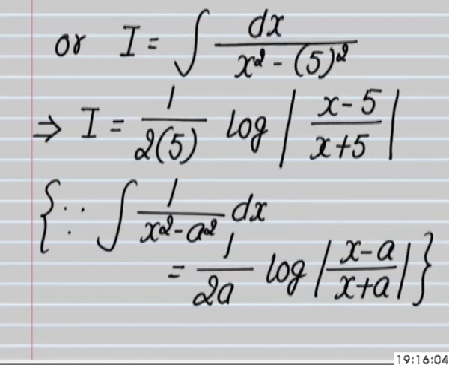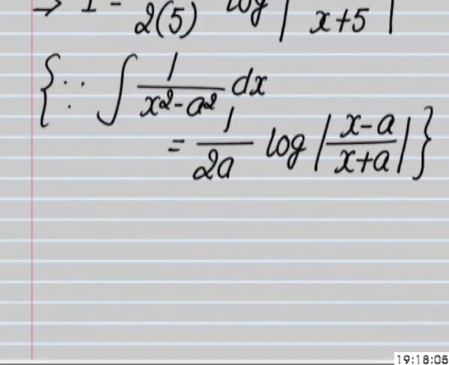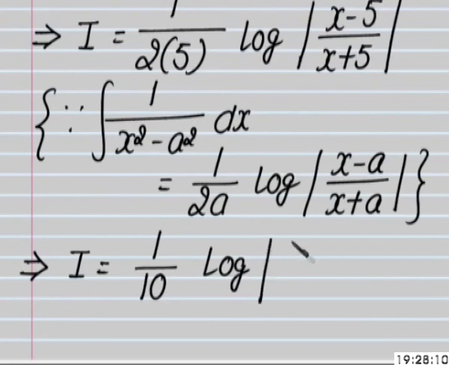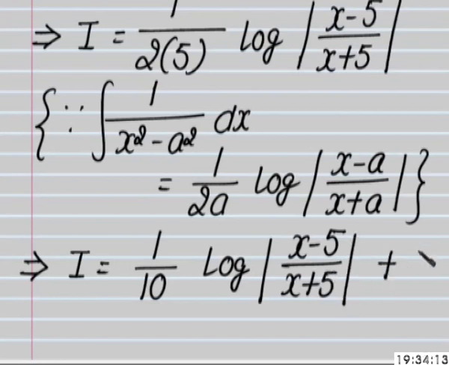So further, I is equal to 1 upon 10 into log of mod of x minus 5 upon x plus 5 plus c, where c is the constant of integration.